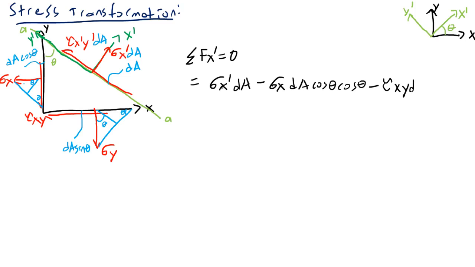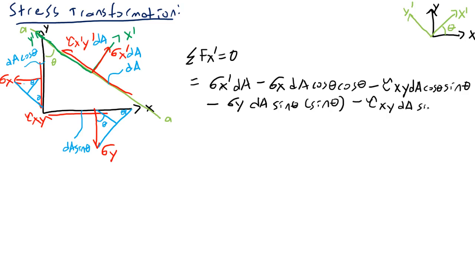So tau xy dA cosine theta sine theta, and then minus sigma y dA sine theta times sine theta, minus tau xy dA sine theta cosine theta.